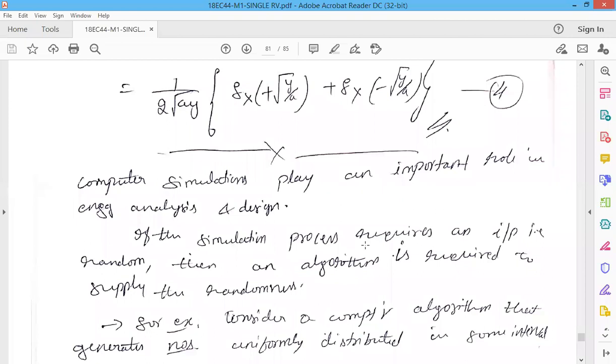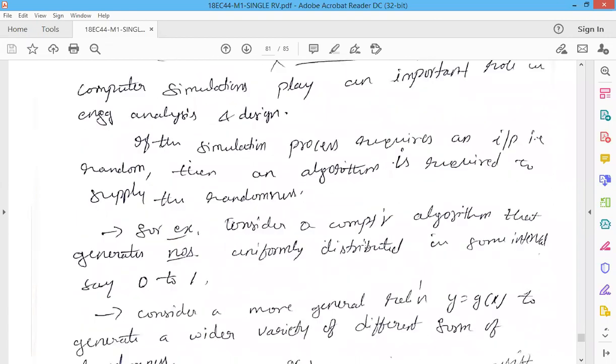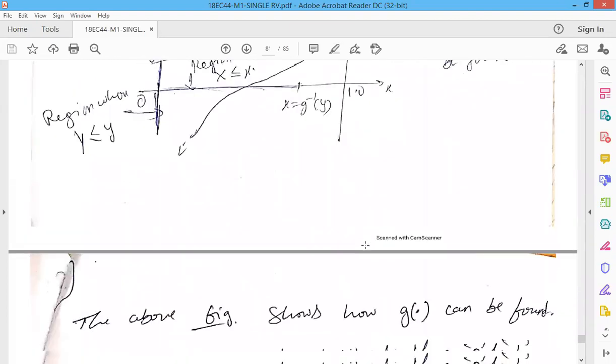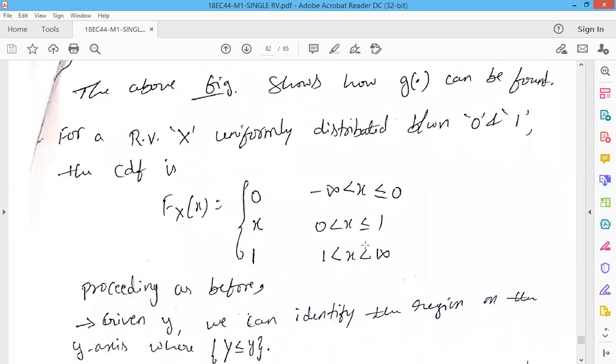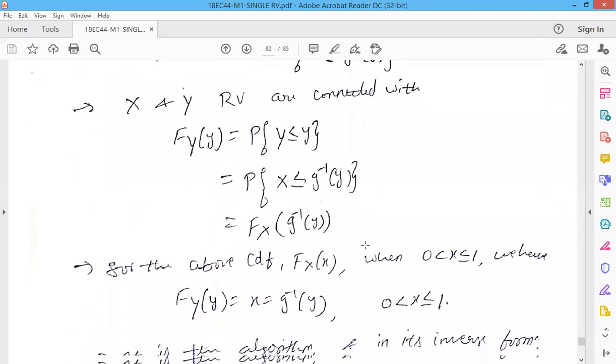In the above example we have seen the reverse process manually. Whenever you go with computer simulations, we will be able to identify the algorithm which will be able to produce the reverse process. For this, one example is shown, and this is a very simple concept.